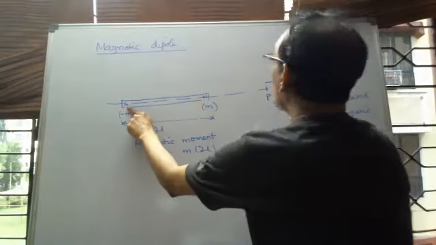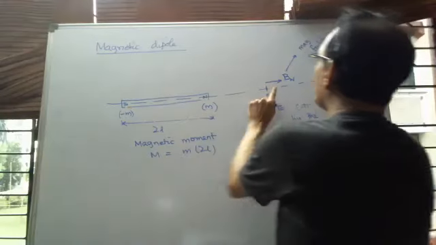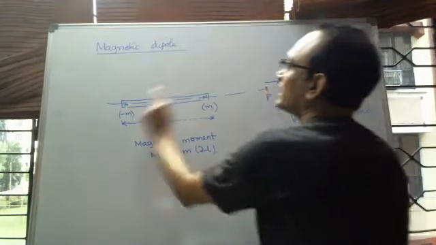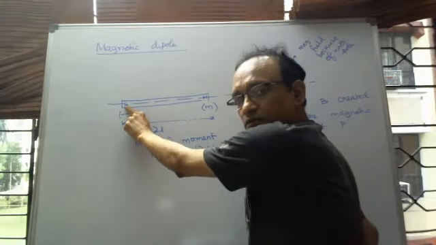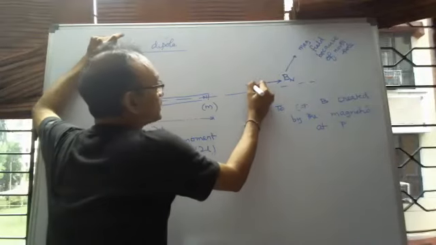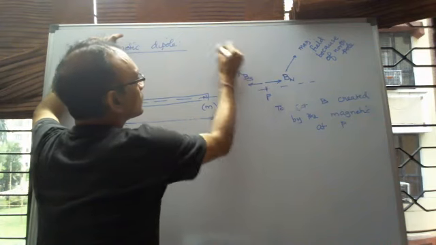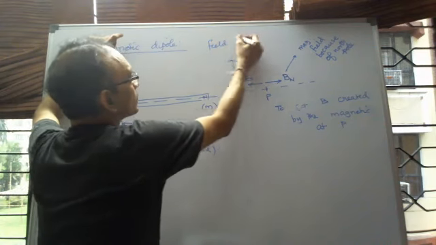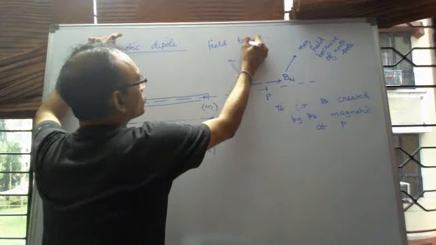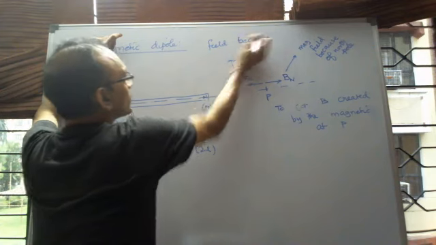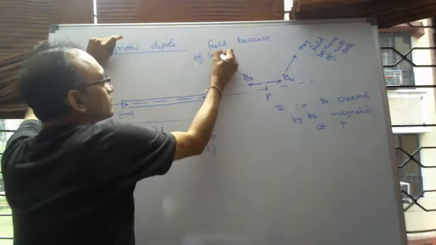And the magnetic field because of the south pole: if I keep a unit north pole here, it will get attracted to this. The field because of the south pole of the magnet will be BS like this.